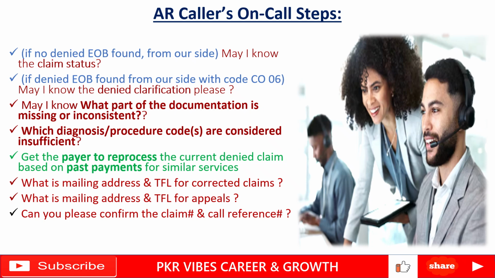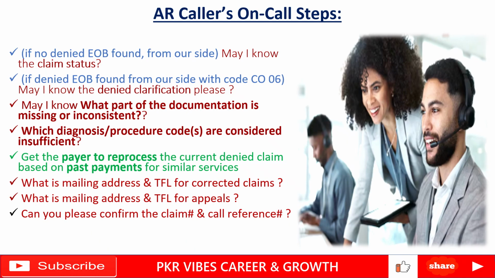Multiple CPTs can be billed. We know very well that a maximum of 6 CPTs are billed to insurance on a claim form. For example, if three CPTs are billed to insurance and you don't know which procedure code is inconsistent for the patient age, the coder will know that, but before that, on the call you should ask this question to get accurate information.